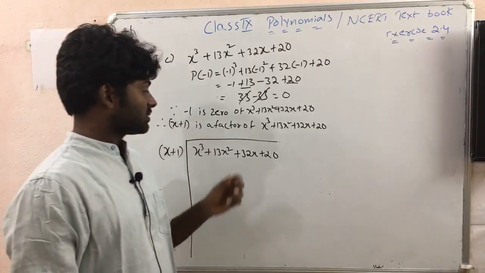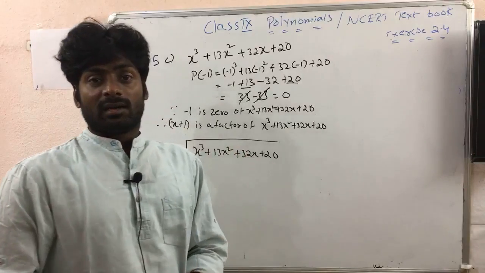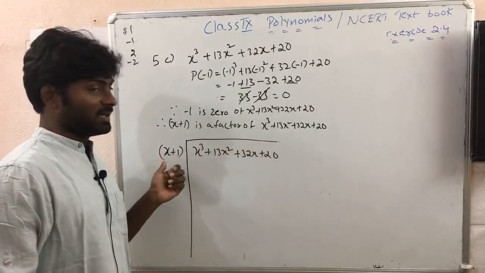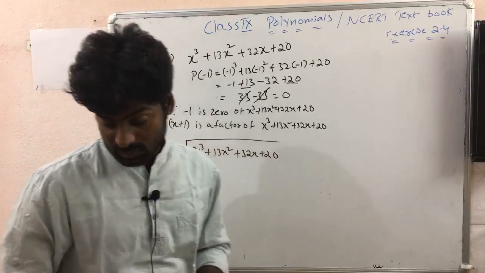Make it fast. Take some time and divide this cubic polynomial with x plus 1 and get the quotient.